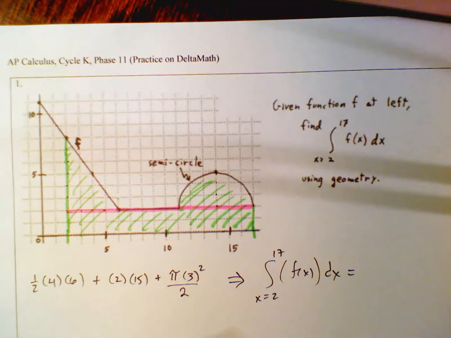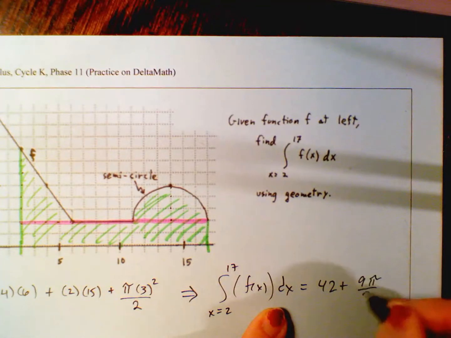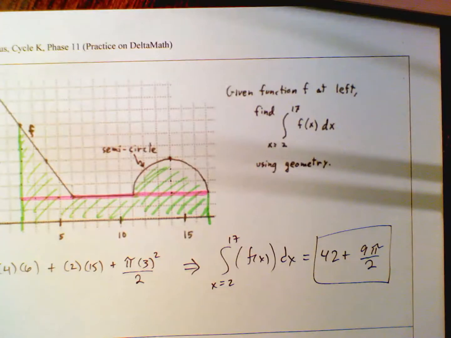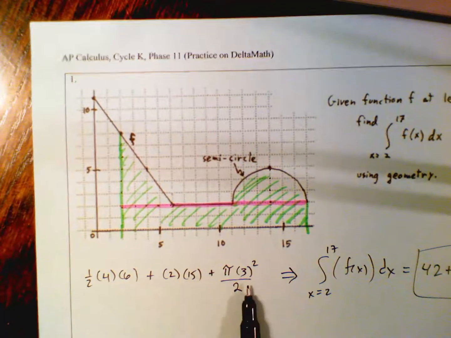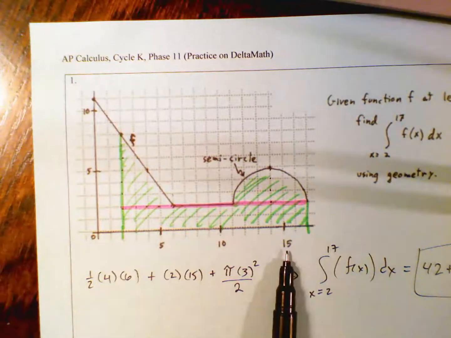Okay, yep, it's 4 plus... I'm going to leave it in terms of pi, but it doesn't say. So you could get a decimal if you want, but you would need at least 3 decimal places if you're going to do that. And by the way, none of these were negative. None of these were negative areas because this graph was completely above the x-axis.